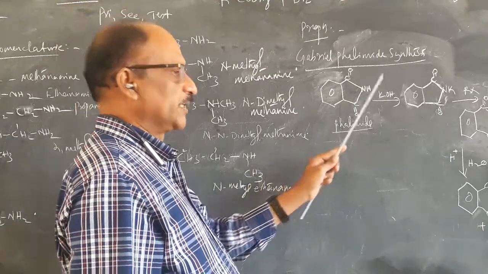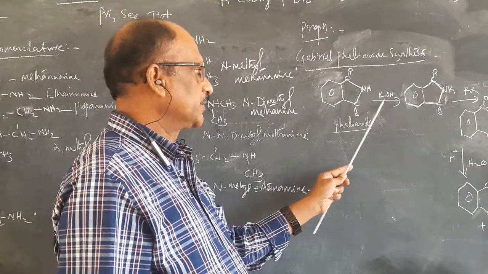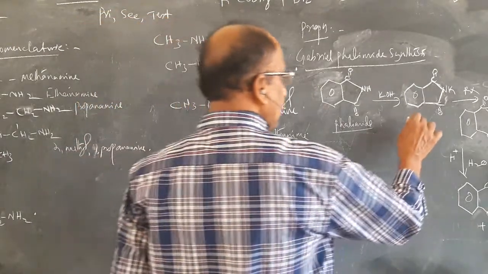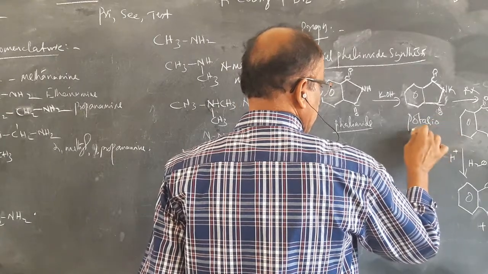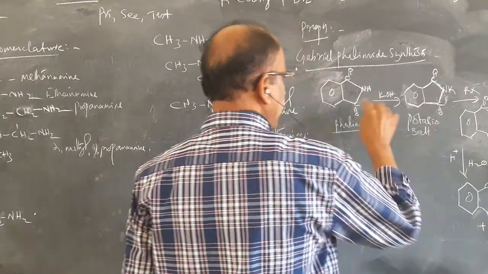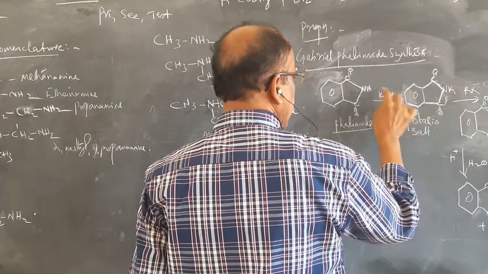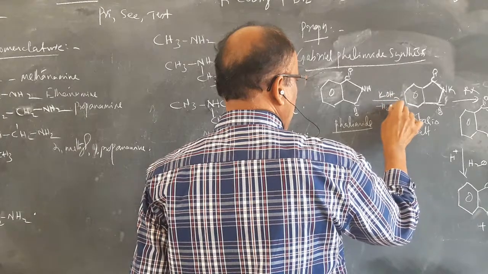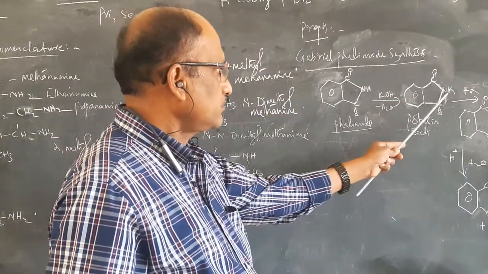Phthalimide you have to treat with potassium hydroxide. Phthalimide reacts with potassium hydroxide, and you are getting potassium salt. H is replaced, this H is replaced by K. Naturally water will be available. NK.